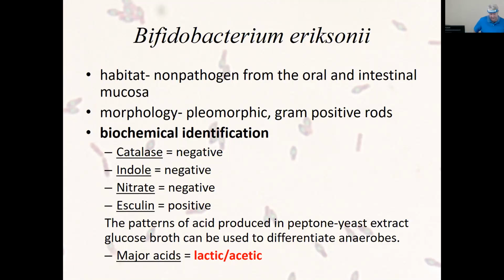And I said, yes, it could be there, definitely. But we're going to see this right now as catalase negative for the Bifidobacterium. Indole negative, unlike one of ours downstairs today on our gram-negative panel. Nitrate negative. That's very unusual too because most of our organisms we pick up in the lab are nitrate positive.